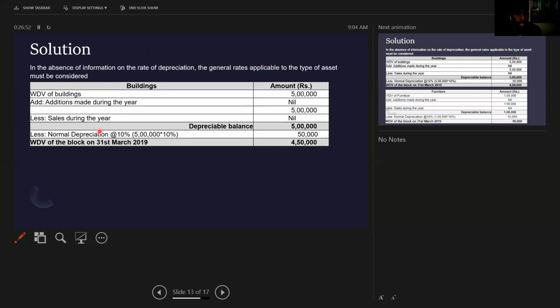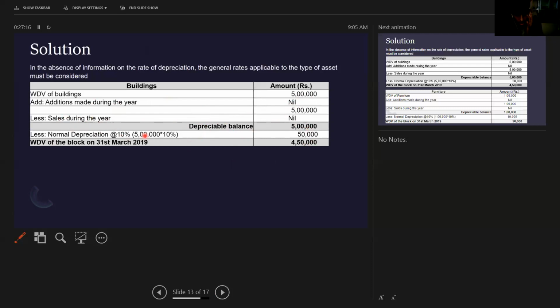And then sales during the year for the building is also nil. The sales is nothing but the discard of asset, and no such information is given. So the depreciable balance of the written down value of building is 5 lakhs. With this 5 lakhs, we have to calculate depreciation.